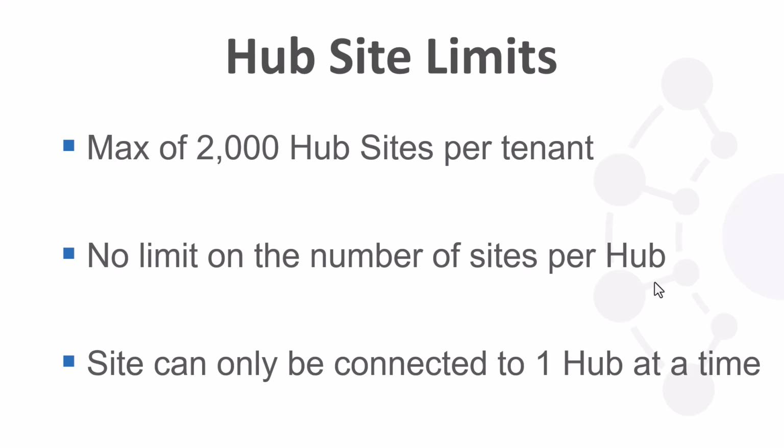One other important limit to be aware of: a site can only be connected to one hub at a time. You cannot be in two places at once. So for example, if you have a marketing site or HR site and they are part of the intranet hub, you cannot be a part of another hub at the same time.